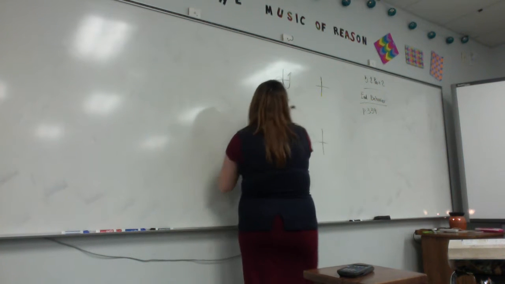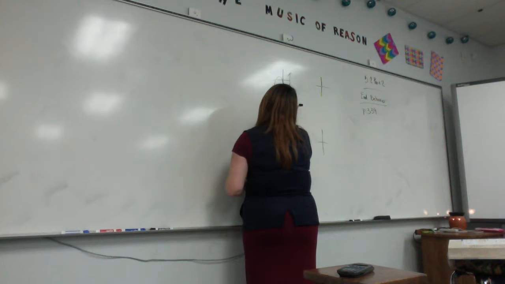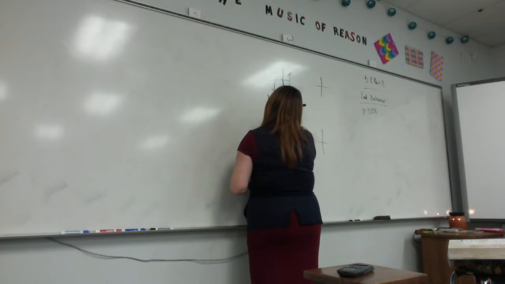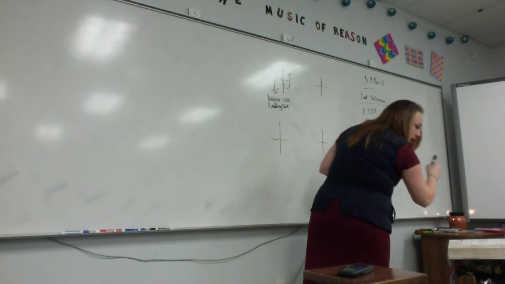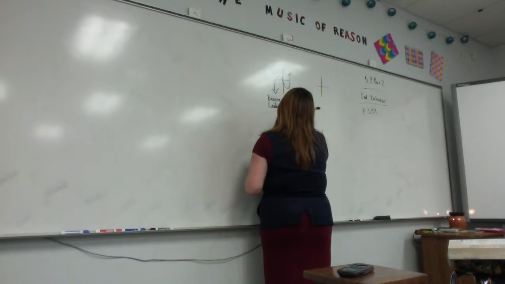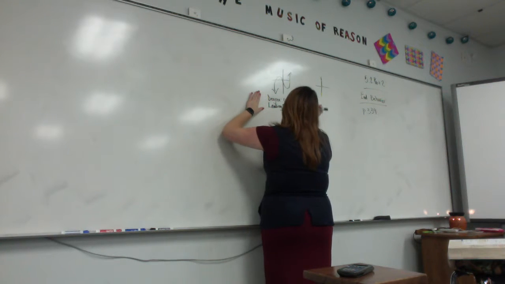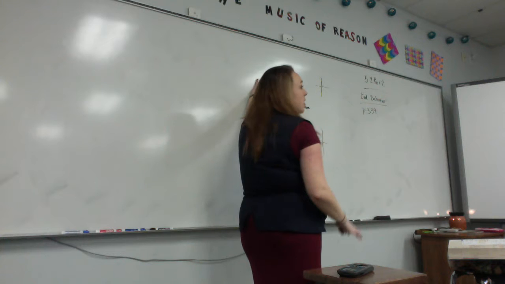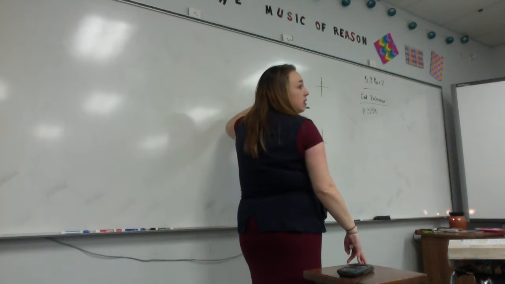Your leading coefficient, okay, your leading coefficient has to be a positive number. Okay, so if your degree is odd and your leading coefficient is positive, your graph's going to look like an N. Odd power, positive leading coefficient.